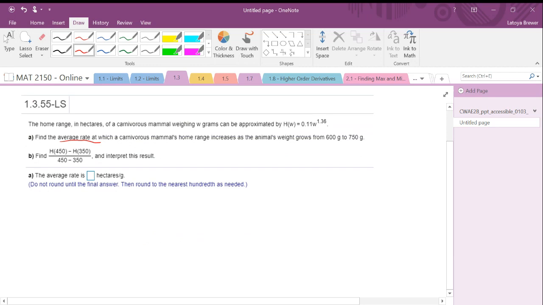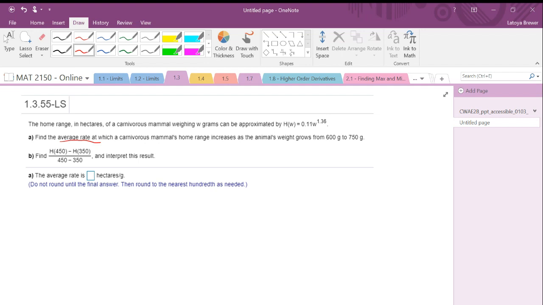It says the home range in hectares of a carnivorous mammal weighing W grams can be approximated by H of W. Part A says find the average rate at which these animals' home range increases as the animal's weight increases from 600 grams to 750 grams.